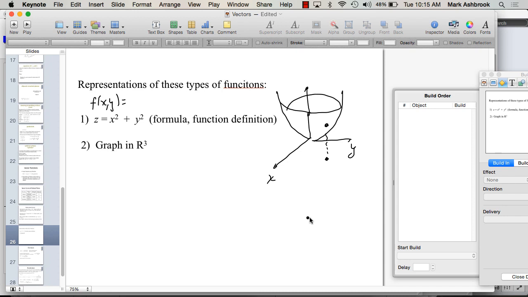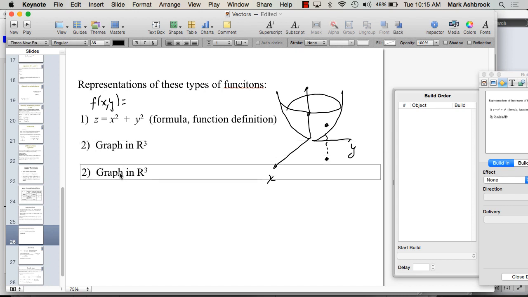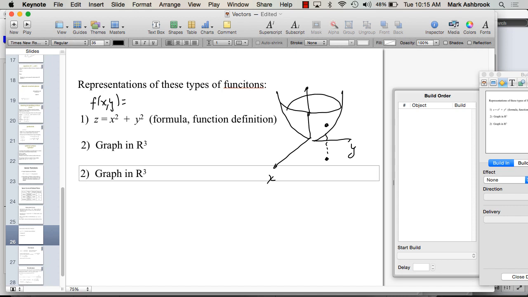Okay, next one is, remember doing traces? When you have traces that are z equals k for various k's, these are called contours or a contour map.